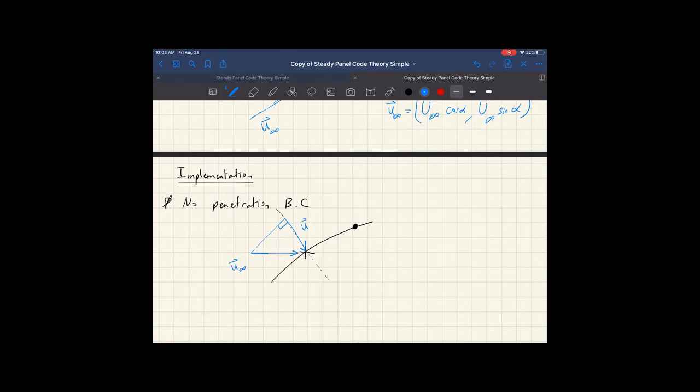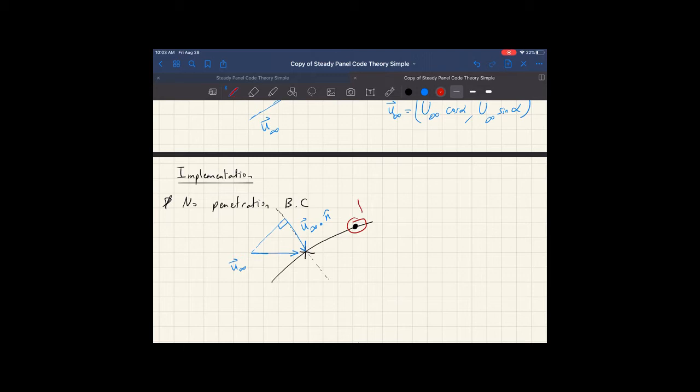This is simply u infinity dotted with, or projected on, the normal unit vector. So how do we cancel out this velocity such that we have no penetration? Now the tool we have is this vortex here.